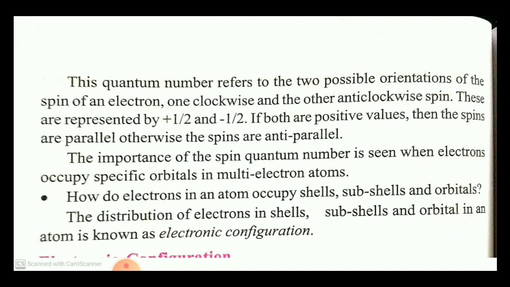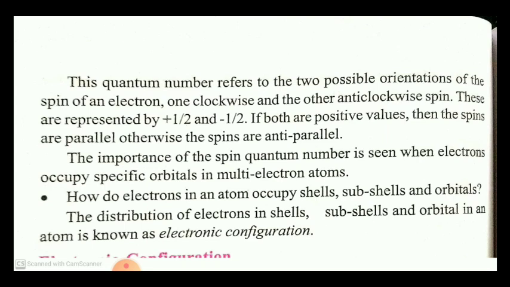If both are positive values, then the spins of the electrons are parallel, and if not, they are anti-parallel, meaning the directions are opposite. The importance of the spin quantum number is seen when electrons occupy specific orbitals in multi-electron atoms. It is required to explain the spectrum of multi-electron atoms.